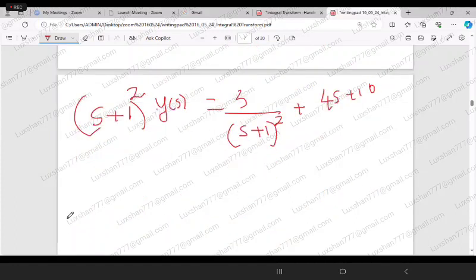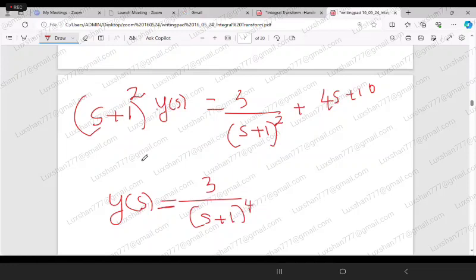So Y(s) is equal to p over (s plus 1) all in 4, because when you divide by this s square, this becomes 4, plus (4s plus 10) divided by (s plus 1) all in square.